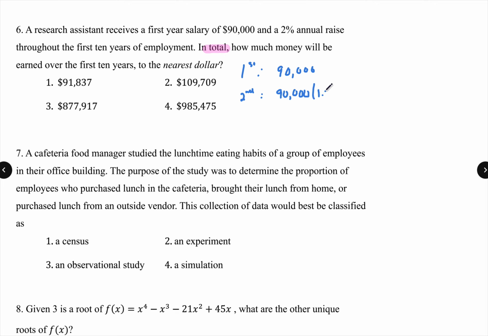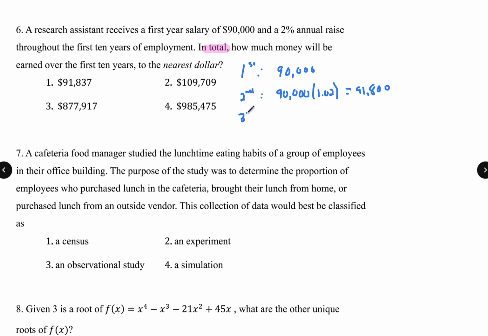It's 1 times 1.02, because that's my 2% raise, and I multiply by 1 because I'm getting a bigger number. Once I do that, I'm getting something like 91,800.